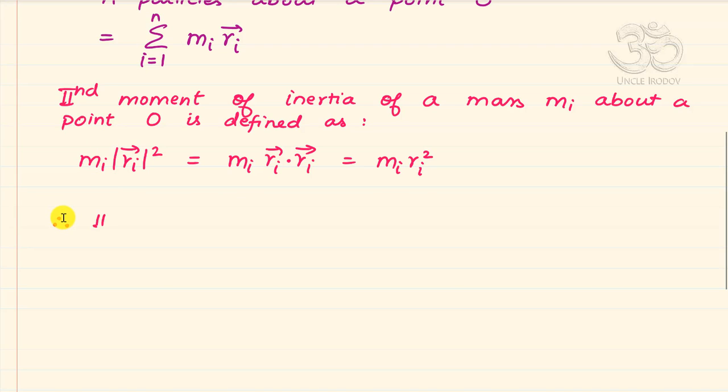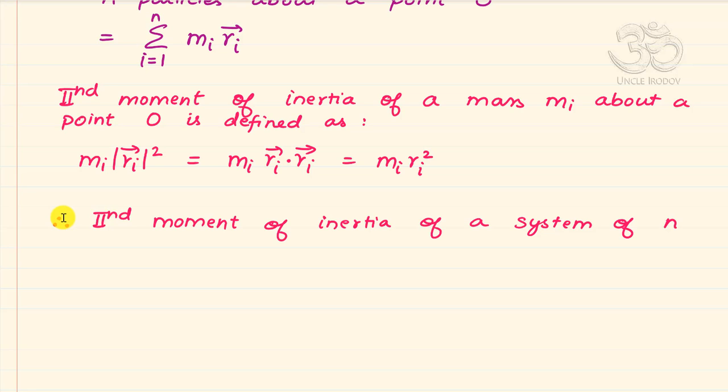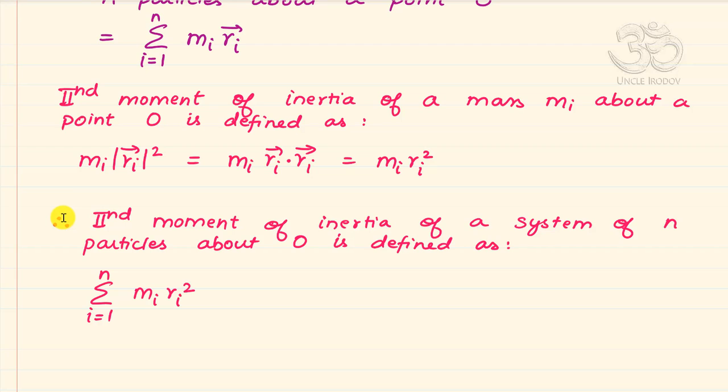So therefore, second moment of inertia of a system of n particle masses or n particles about O is defined as summation of i going from 1 to n mi ri square.